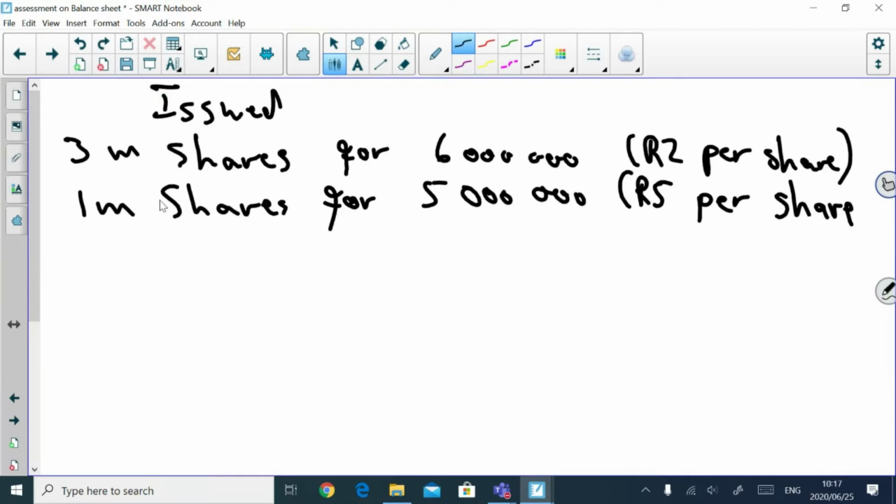So now I want us to calculate the average price per share. How many shares were issued altogether? It was 4 million shares.